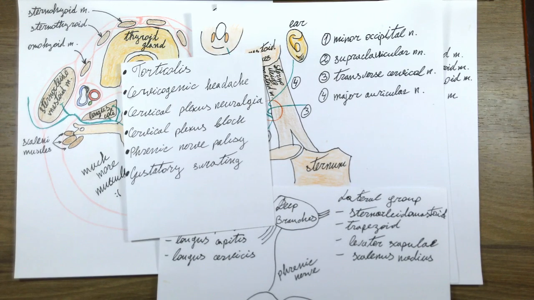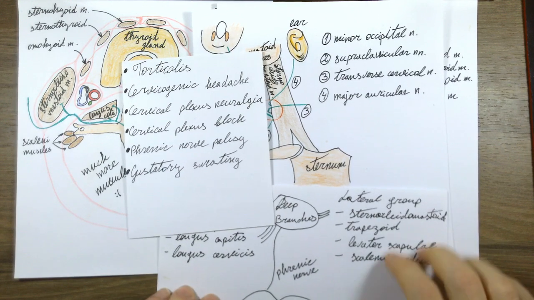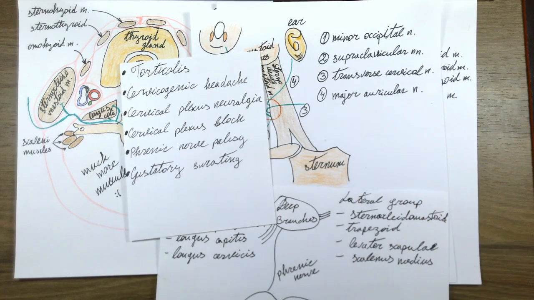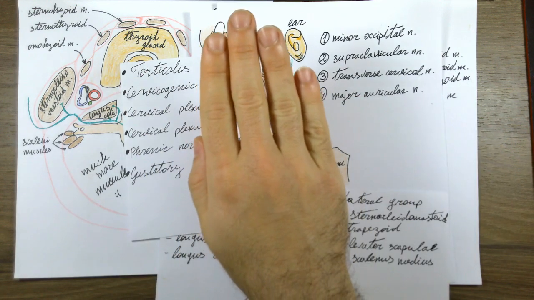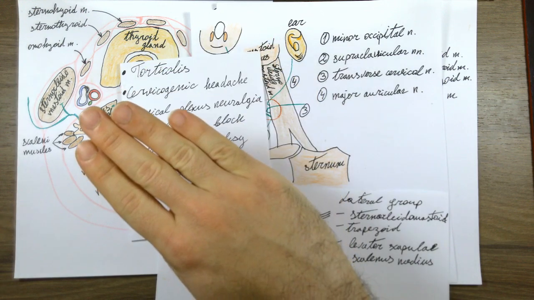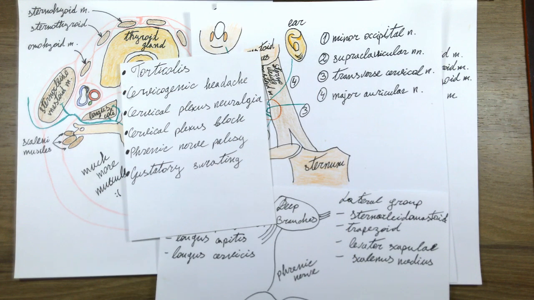You have several conditions, some of them more interesting than others, that are based on the anatomy, or at least explained by the anatomy of the plexus. Now, torticollis is something which is an involuntary twisting of the head, right? Basically, your head is stuck in a semi-contorted position.